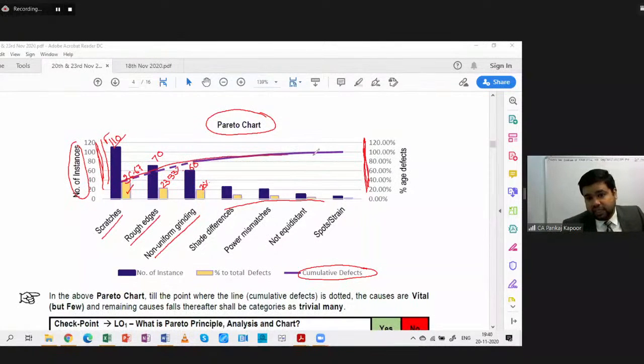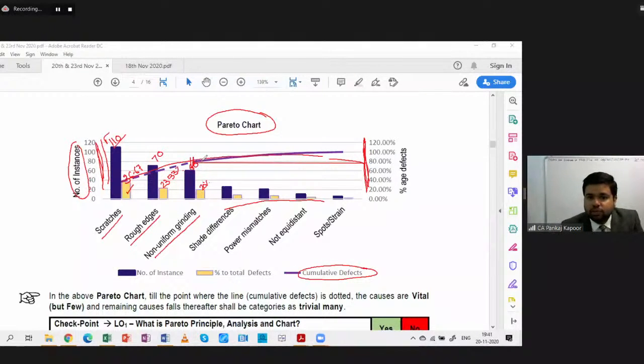You can see till the first 3 defects, the curve is dotted. Why? Because it reaches the level of 80% here. Sorry, the line which I drew is not quite clear. I'll erase the line and draw again for you, using a straight line now.